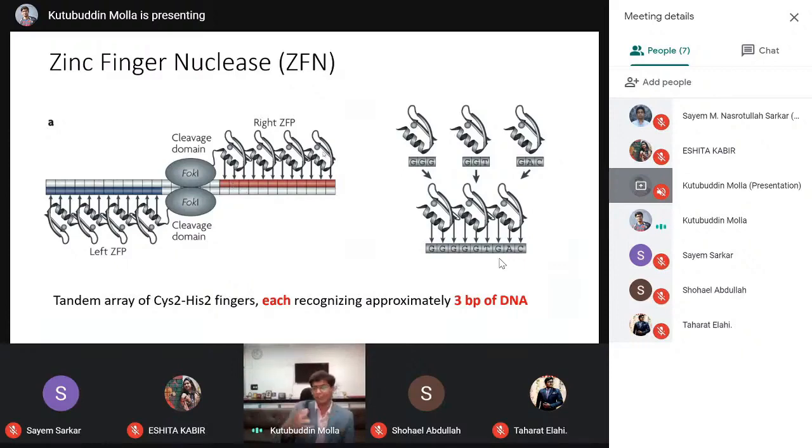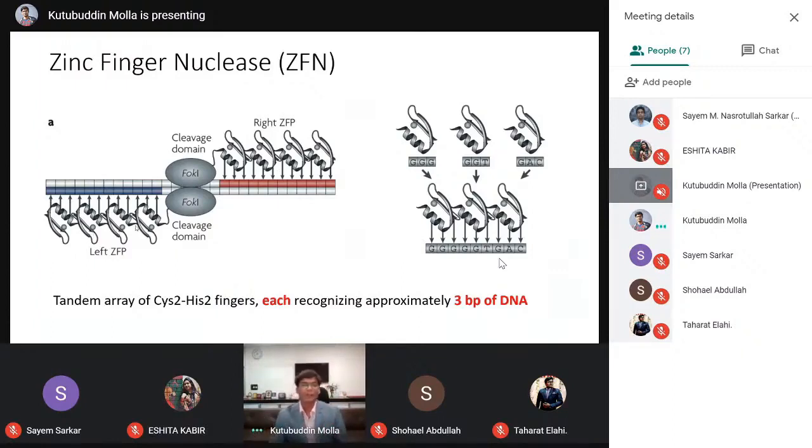Okay, this zinc finger can bind a specific DNA, and we know we can engineer that kind of protein, but how would it make a cut in the DNA? It does not have cutting ability. That's why the zinc finger motif is fused with another endonuclease enzyme called FokI. This is the right ZFP and this is the left ZFP. Now you may ask why we should use both ZFPs, why not only one?